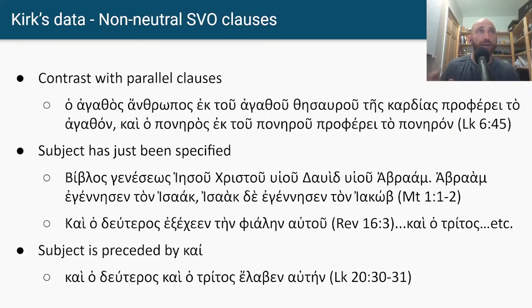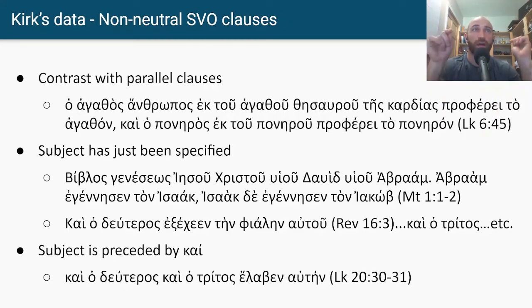And then we have cases where the subject has just been specified. We, again, talked about this with O initial clauses. So we've seen this already in Greek, where you've specified something before, and then you can refer back to that in the initial position after you spelled it all out. And so this is actually her explanation for the genealogy, where the object is the subject of the next clause.